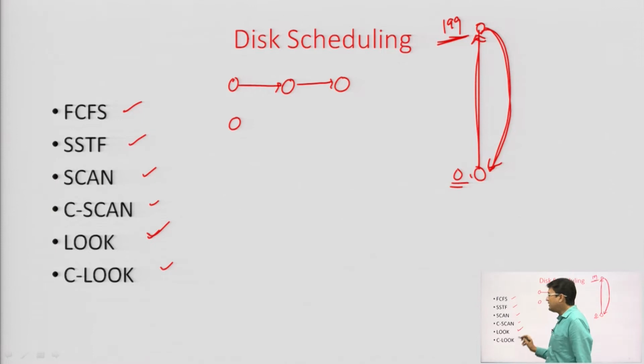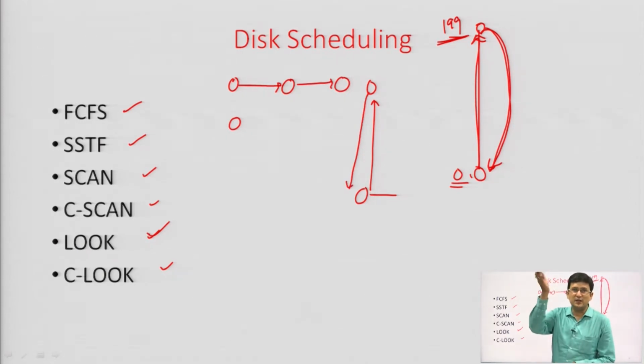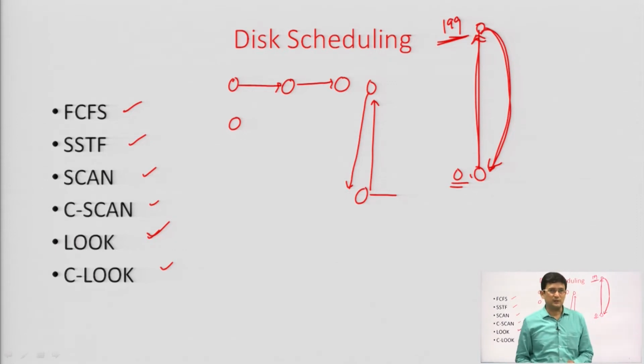After this, we have seen the LOOK algorithm, which is a variation of the elevator algorithm. In the LOOK algorithm, the travel is a bit restricted: we move from the minimum request to the highest request, and then while coming down we go from the highest request to the lowest request. While going up we satisfy the requests, and while coming down we satisfy the requests.